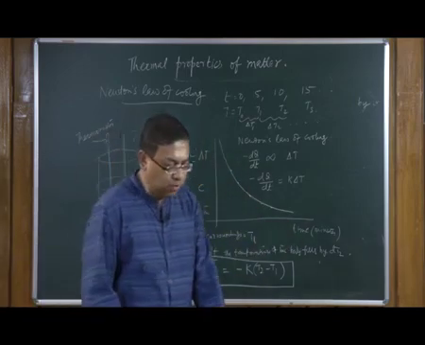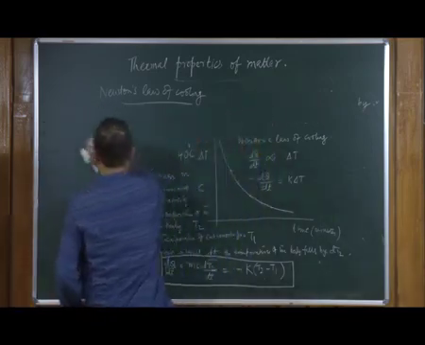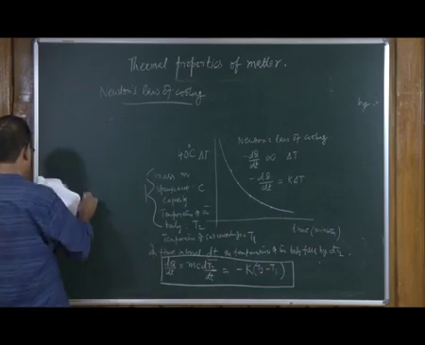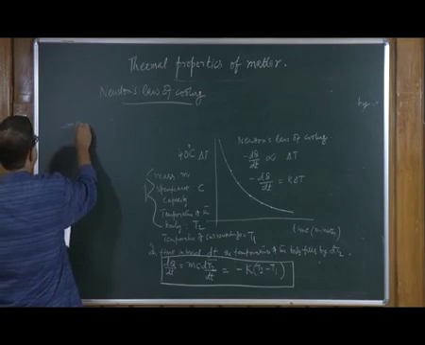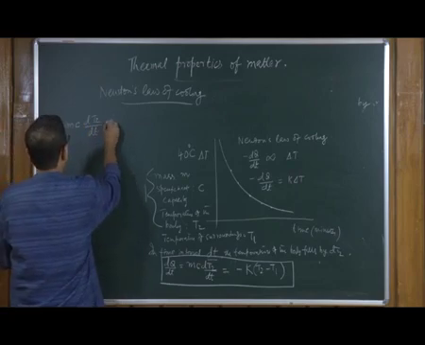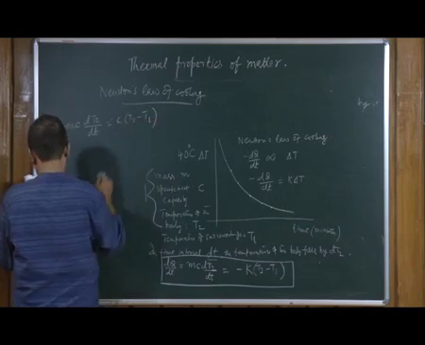So, in order to solve that, let us solve this equation, which now looks like minus mc dT2/dt, which is equal to k times T2 minus T1.